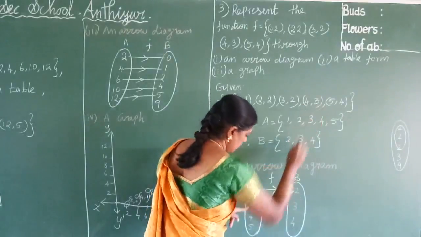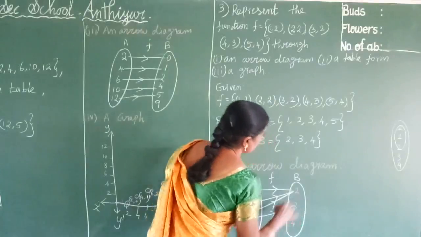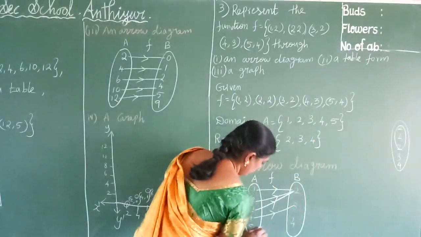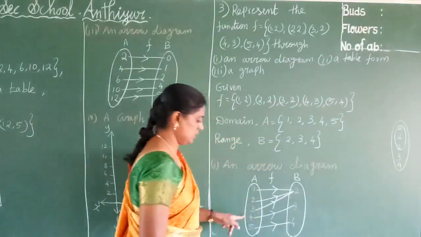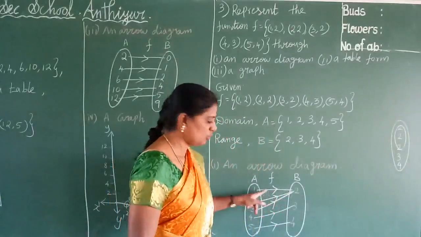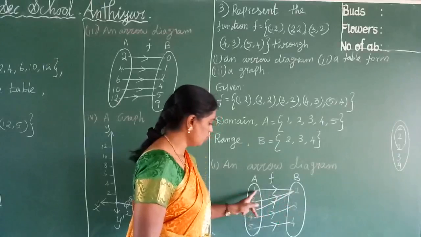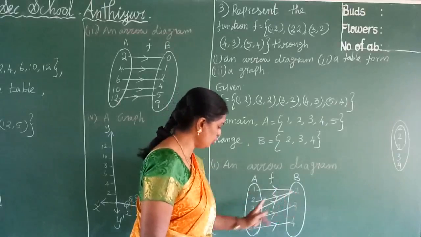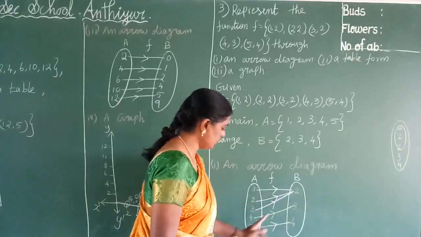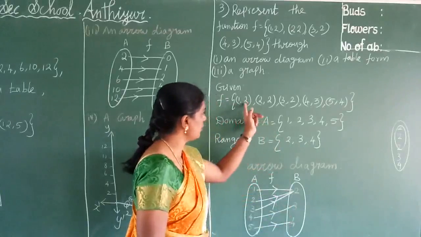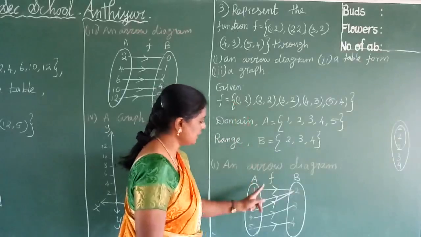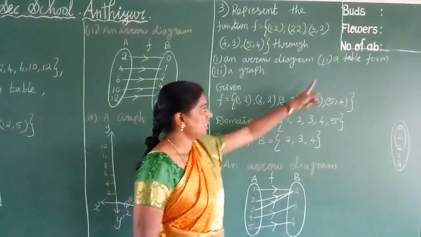Next, 4's image 3, 5's image 4. So you may mark in arrow. That is the arrow diagram: (1, 2), (2, 2), (3, 2), (4, 3), (5, 4). Using these ordered pairs, draw an arrow diagram.